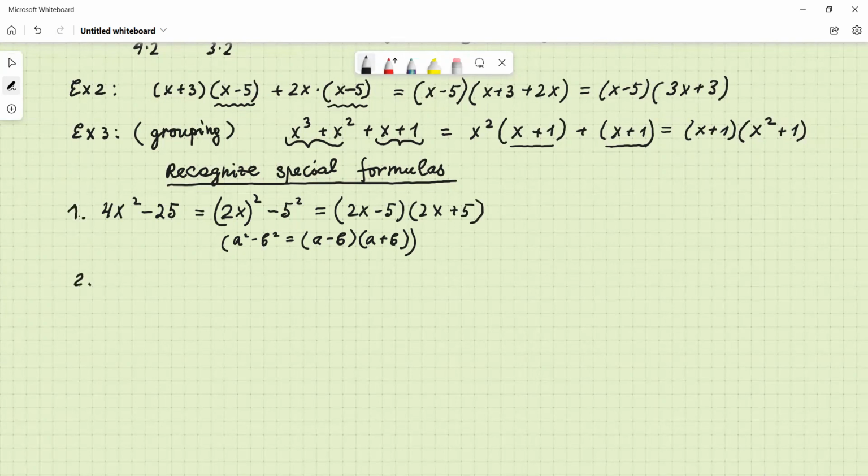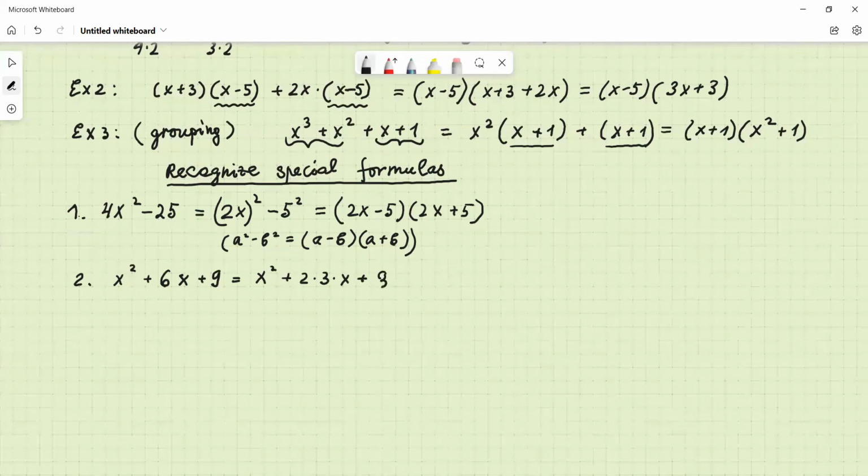Number two, you can also recognize a perfect square, and these are formulas 2 and 3. Let me give you an example. For example, you have x squared plus 6x plus 9. What you can see here is x squared plus 2 times 3 times x plus 3 squared.